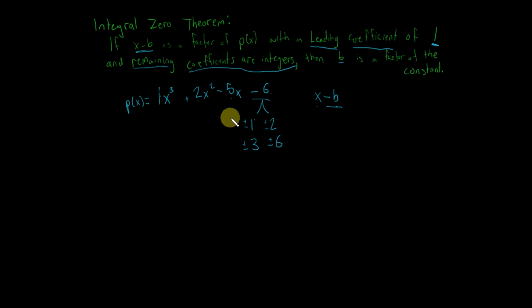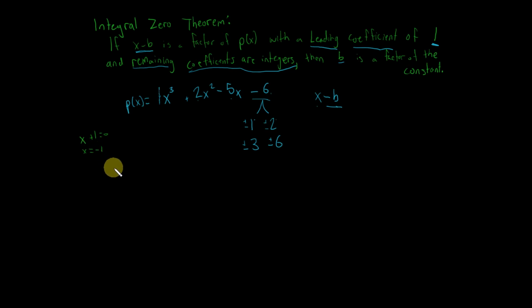So let's do positive 1. That's what makes the most sense to me. Let's just go in order. So x plus 1, is that a factor? Set that equal to 0, and our value of b is going to be negative 1.